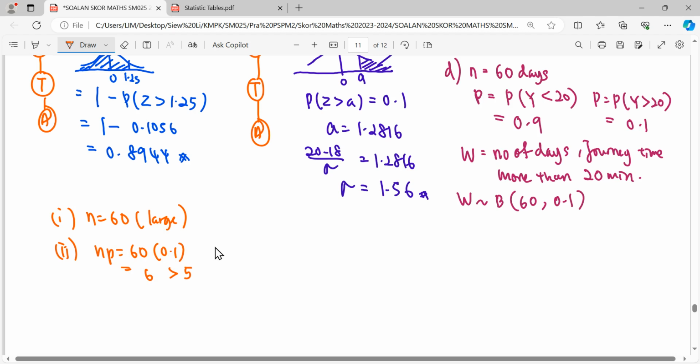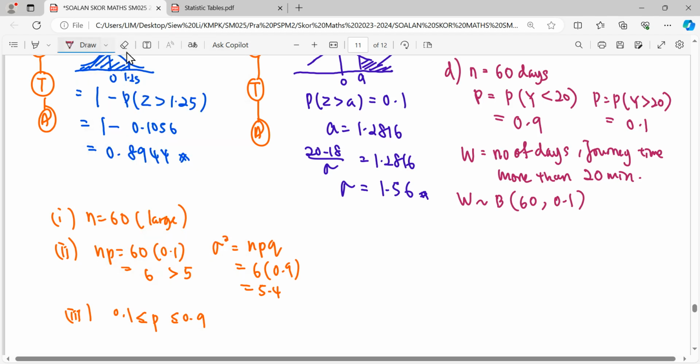So we need to change to normal. Therefore, we need to find the variance, which is npq, 6 times 0.9, 5.4. And then the third condition is the probability given here is in between 0.1 and 0.9. So it fulfills the condition for changing to normal.